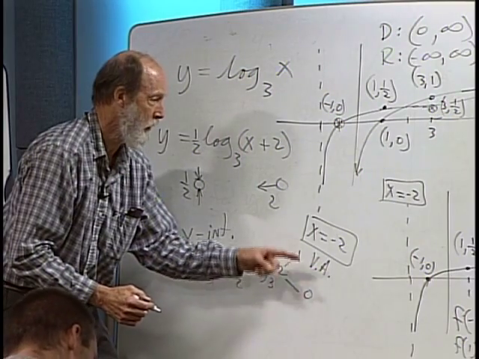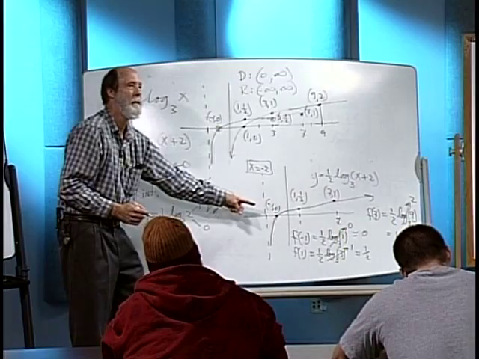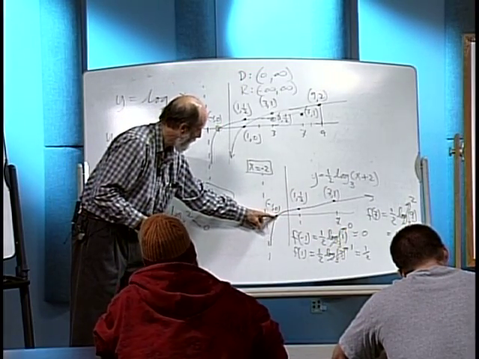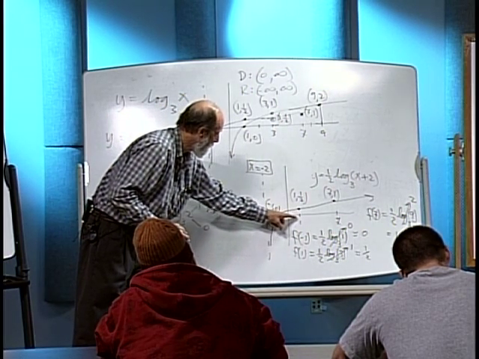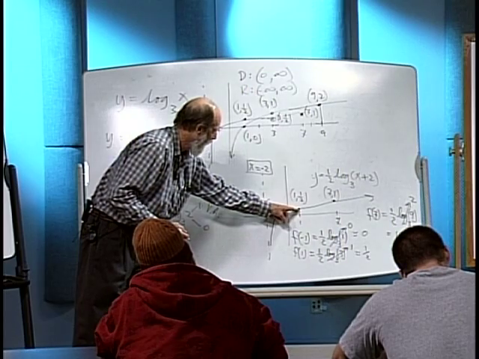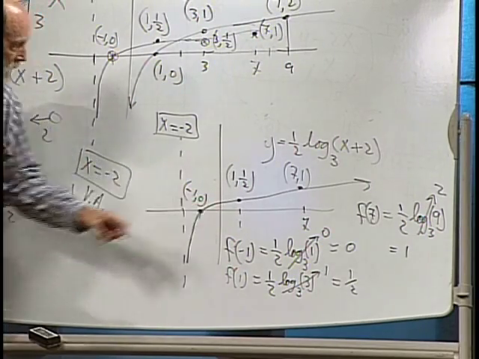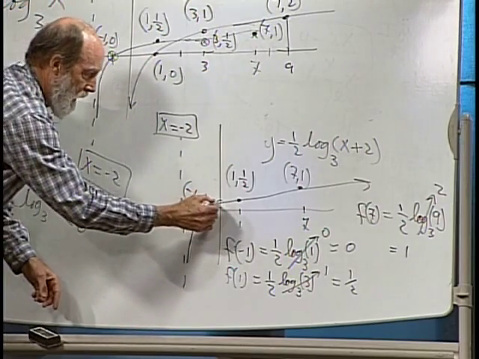Okay? Now, look at the picture. Look over here at the picture. If you look at the picture, you can see that here's your height of 0 back here. And when you get clear out to +1, you're at a 1/2. So somewhere in between 0 and 1/2 is where that value is going to have to be.